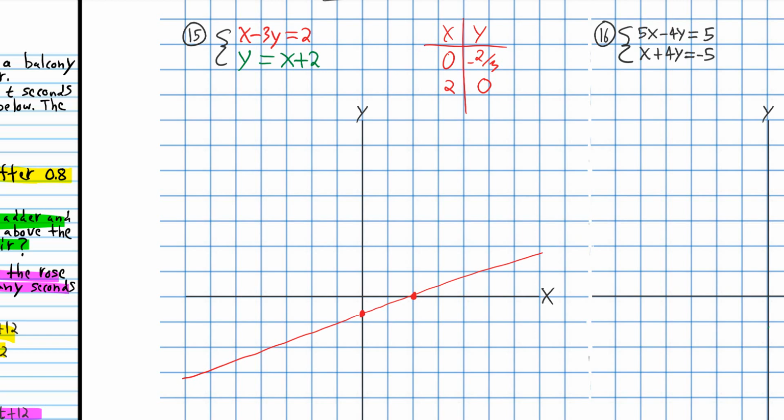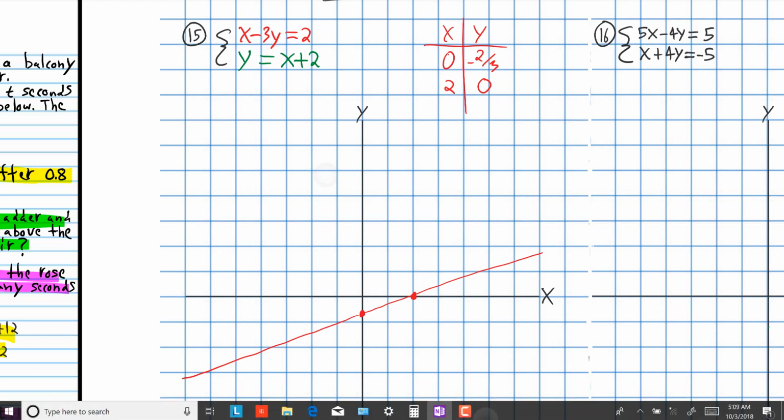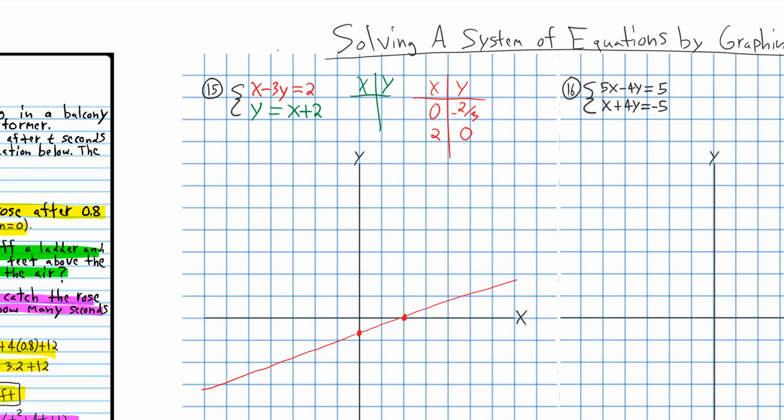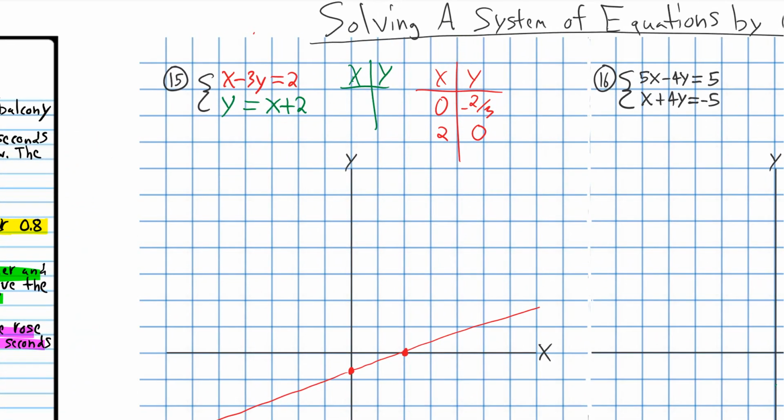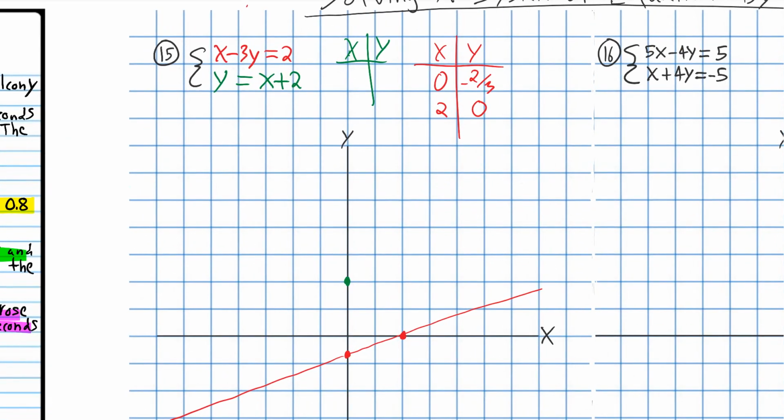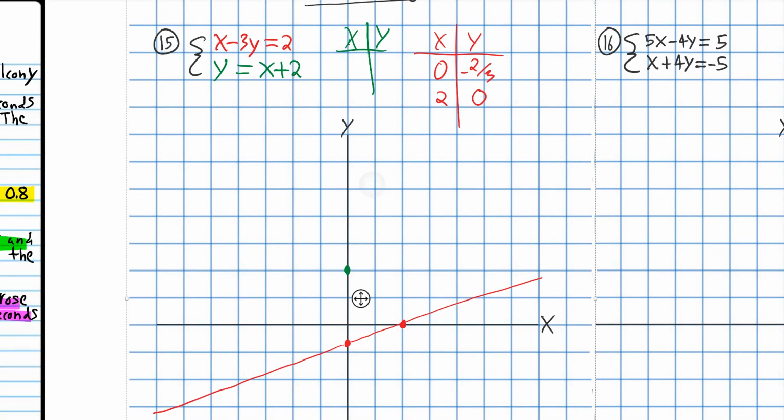Now I'm going to plot the green equation. Now the green equation is in slope-intercept form. So I can use the intercept, which is 2. So I graph that here. And I can use the rise over run, the slope. The slope is the coefficient of x, which, as you can see, there is no coefficient up here.